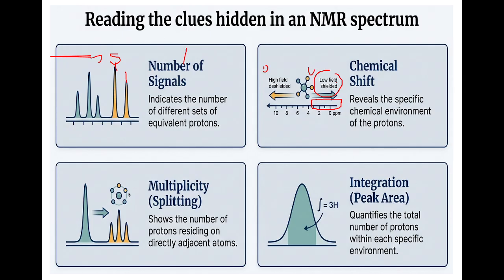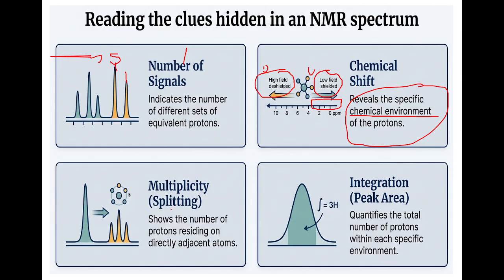It's usually alkyls such as methyl, ethyl, propyl, those kinds of neutral molecules. If it is down here, it tells us that this proton is somehow near oxygen, nitrogen, fluorine, chlorine, bromine, iodine, or benzene rings, and it's de-shielded for that reason.